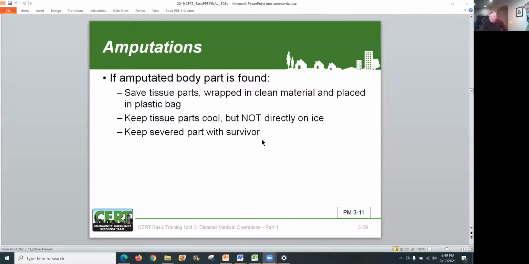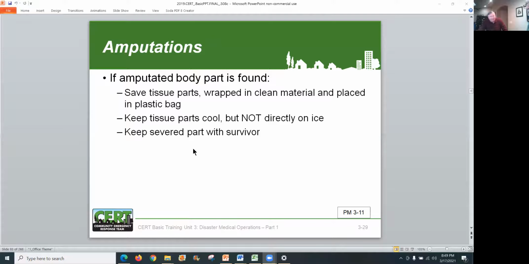I believe you said, what do you do with that part that was amputated from a body that you saw at a car wreck? It says here, save the tissue part, wrap it in a clean material and place it in a plastic bag. Keep tissue parts cool, but not directly on ice. And keep the severed part with the survivor if possible.